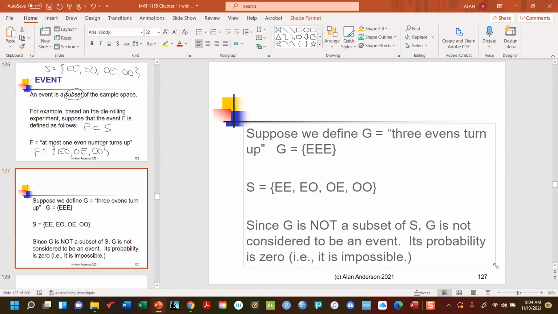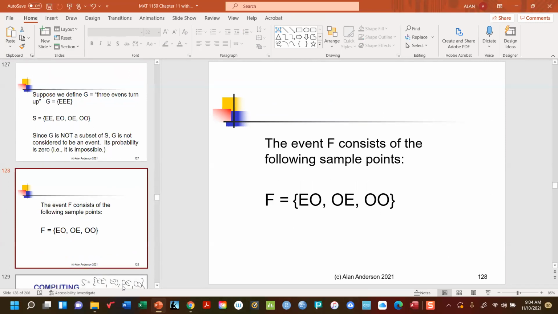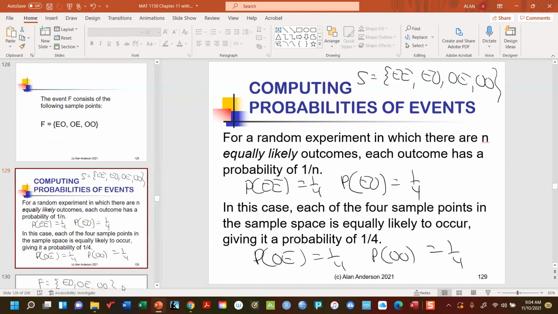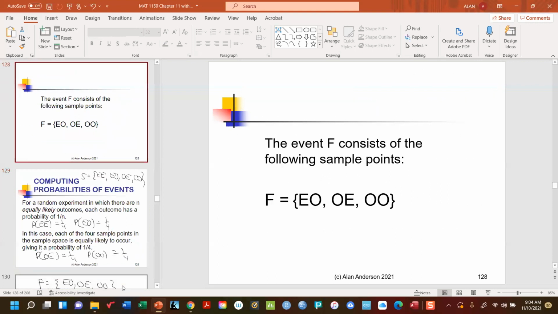All right, so let's just focus on the actual events. Now, what are we going to do with these events? Our ultimate aim is to calculate their probabilities. And here, just one more time, this is what F consists of. Now, you might recall us saying earlier that each of these outcomes has the same probability, which is 1/4. Why is that?